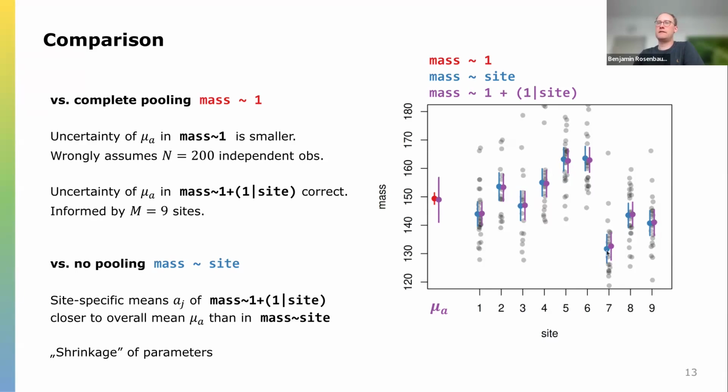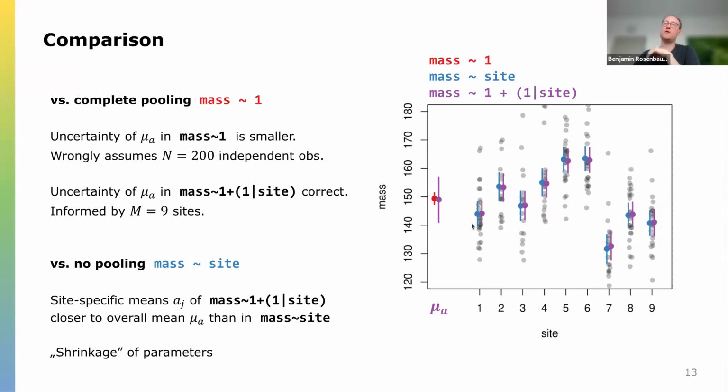The 7th site has a lower mean than all of the other sites, but we can see the purple one is a bit closer to the overall mean, and this also happens for all the other ones. So in all the sites, the partial pooling model's site level prediction is drawn a bit to the overall mean because all of the levels inform each other.